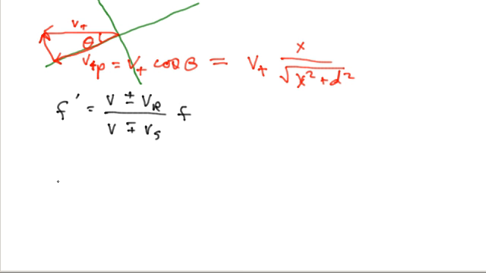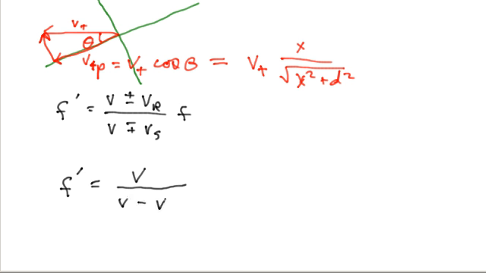All we have moving is the source. And what I've got is the component of the velocity toward the person. So toward the person makes it higher, so I have to choose the minus sign. So f prime is equal to, and VR is 0, so I can ignore that part.